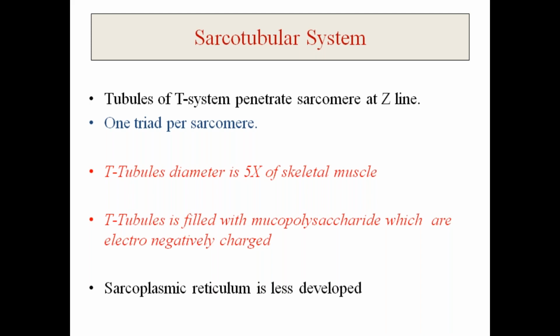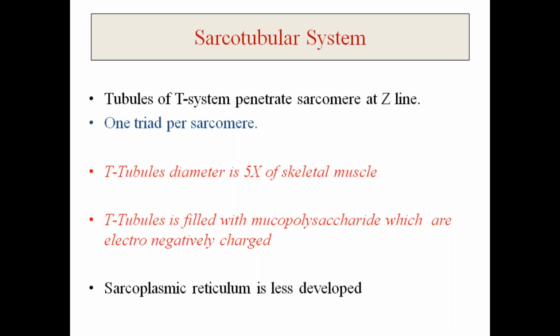But in cardiac muscle, the T tubule is penetrating at Z line. That means every sarcomere of cardiac muscle has only one triad. So skeletal muscle has two triads per sarcomere, but cardiac muscle has one triad per sarcomere.